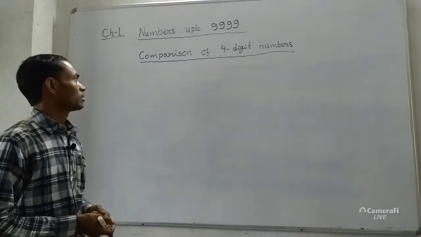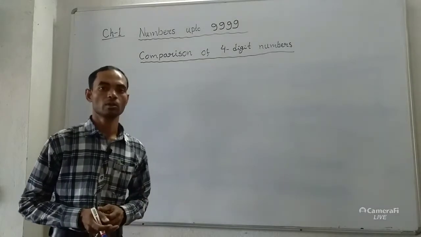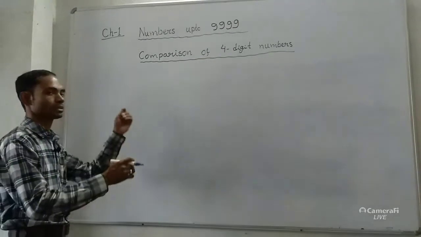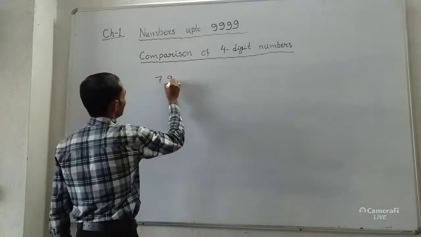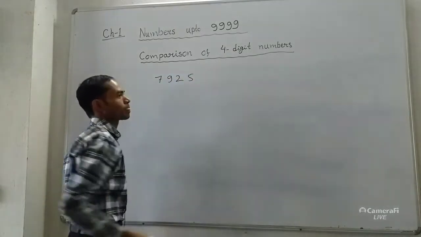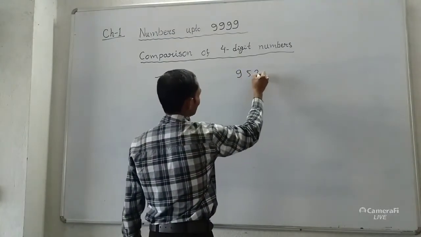So before starting comparison, let us take two 4-digit numbers and compare which one is smaller and which one is larger. Let us take these two numbers, 7925 and 9527.